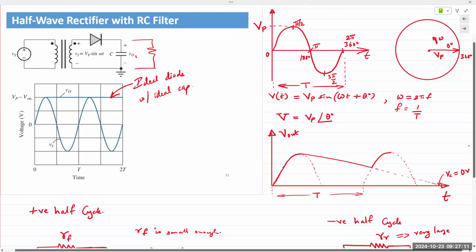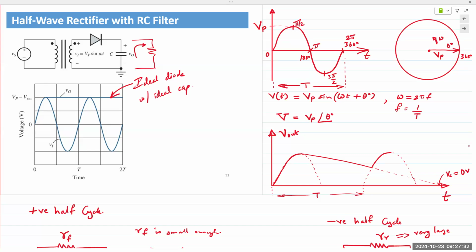So the capacitor is now supplying energy to that load. Depending on what the load resistor is, that's how the tau time constant will be controlled. And that is coming up in just a few more points when we look at the equations.